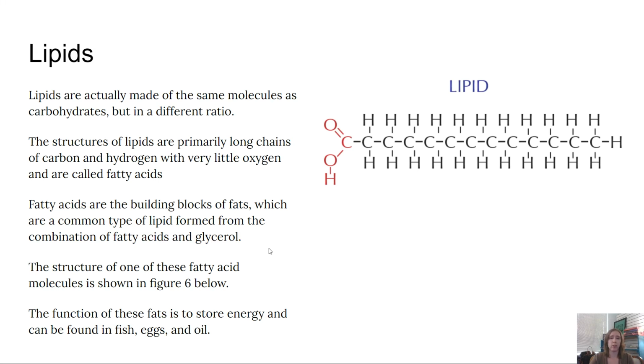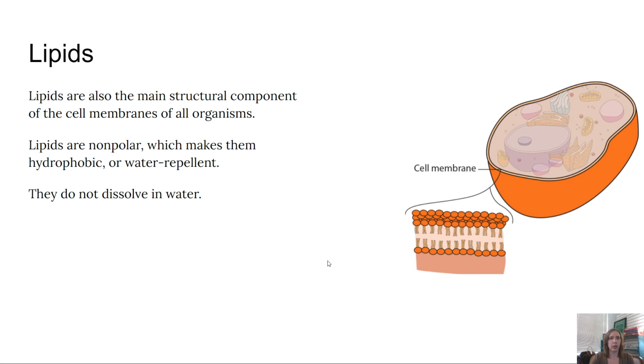The structure of one of these fatty acid molecules is shown in figure 6 over here. The function of these fats is to store energy, and they can be found in fish, eggs, and oil. Lipids are also the main structural component of the cell membrane of all organisms. So lipids are nonpolar, which makes them hydrophobic or water repellent, and they do not dissolve in water.